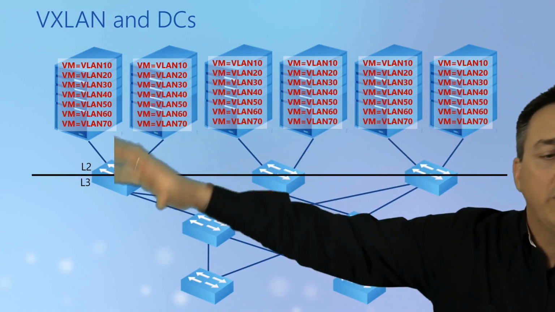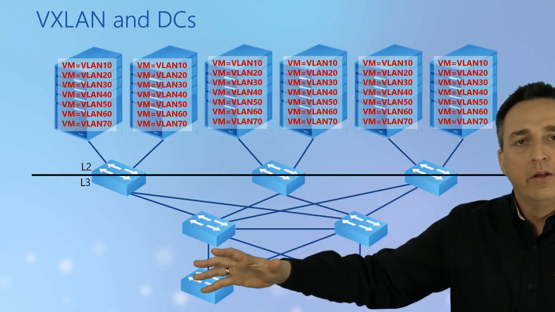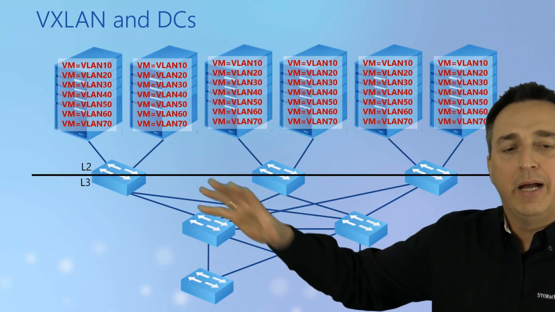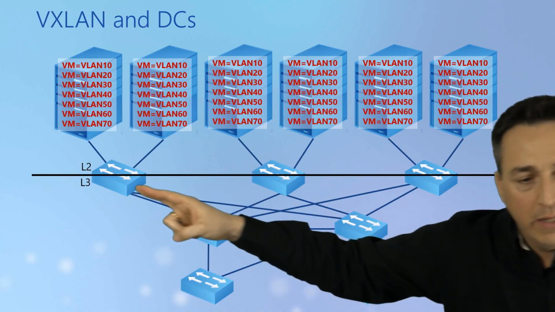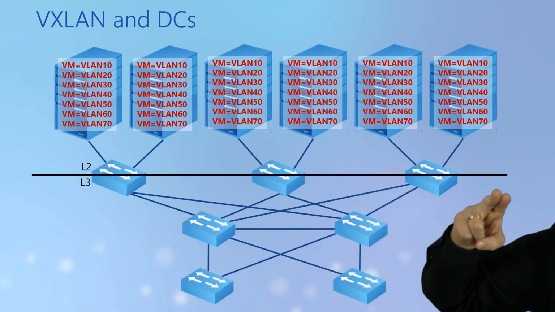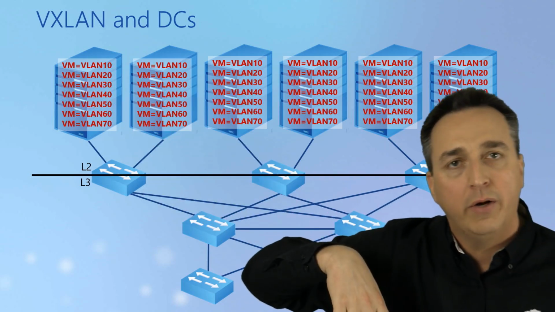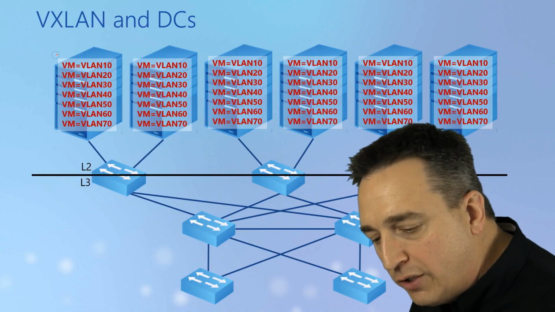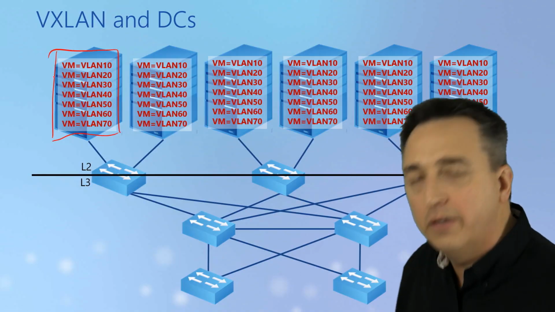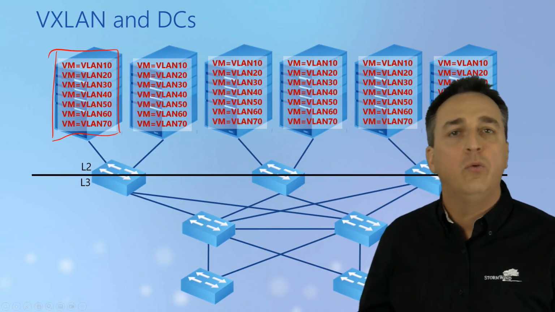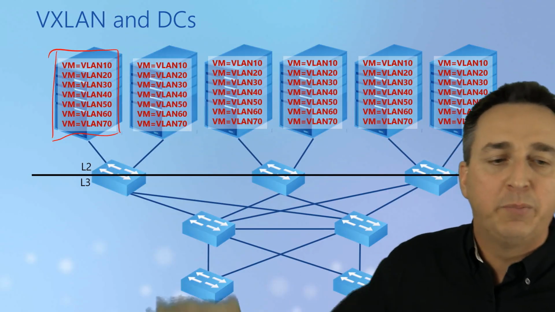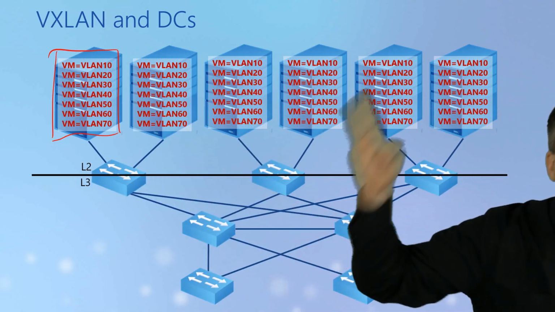So if you think about the architecture here, with VXLAN in my data center, I have my layer 2, layer 3 boundary here. So all the servers are connected to their default gateways. Notice that my server has the ability to support virtual machines in any one of those subnets, any one of those VLANs. But look, every server can do it.